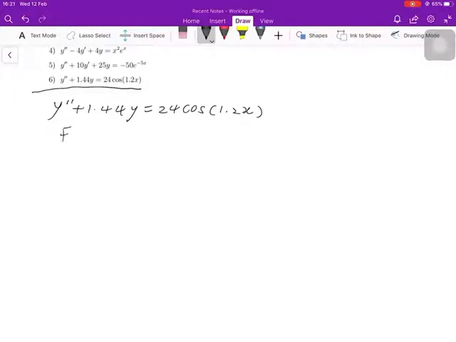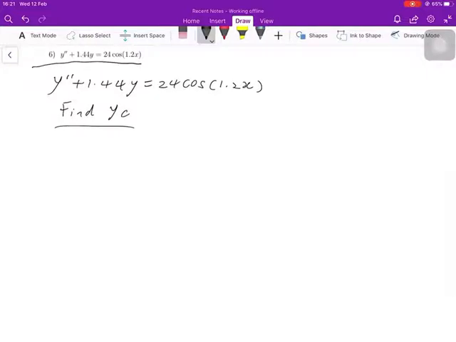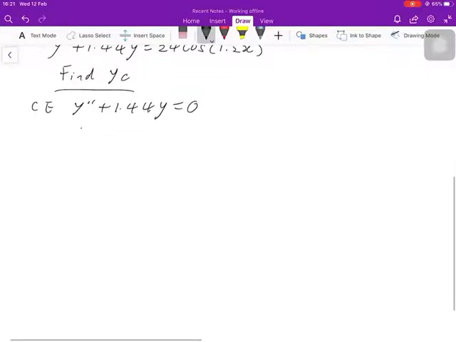So similarly, we need to find the yc. We form a characteristic equation, y'' + 1.44y with the forcing term set to 0. So it's r squared + 1.44 = 0.